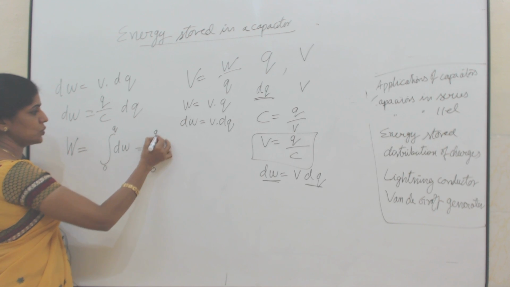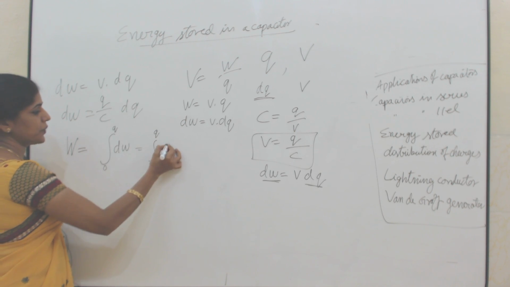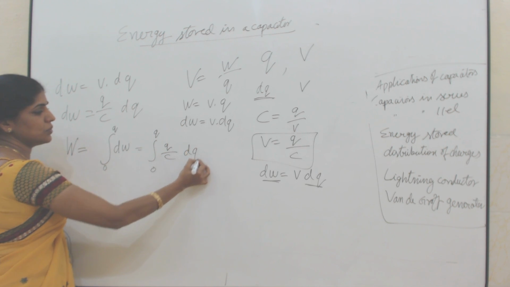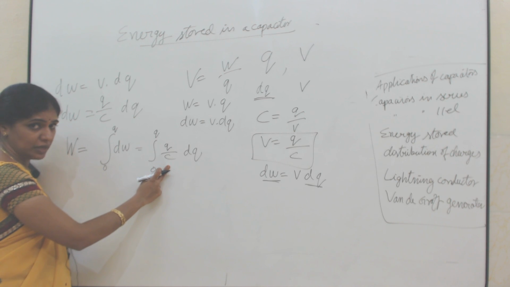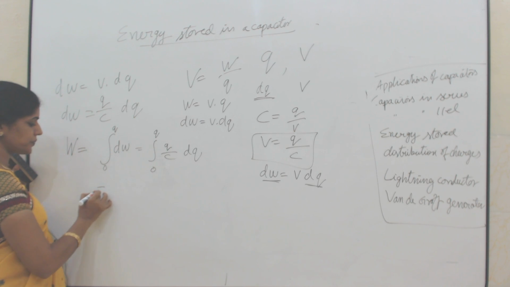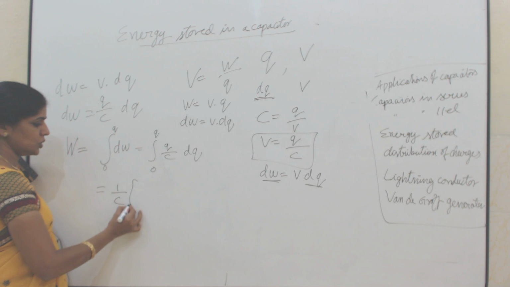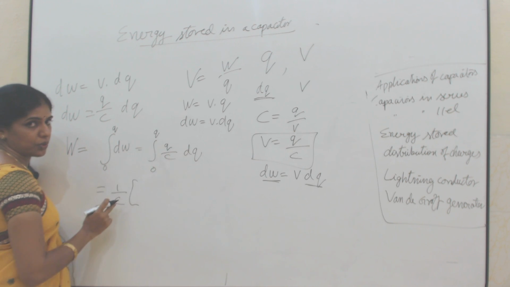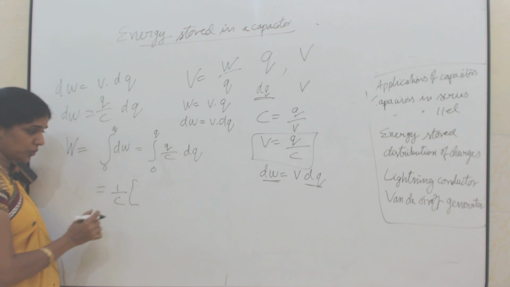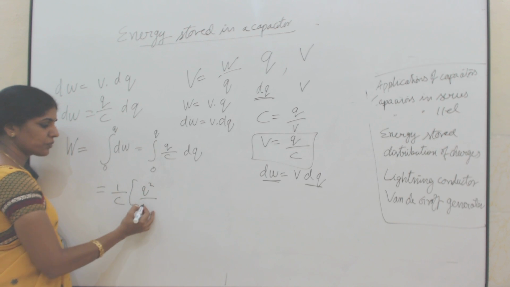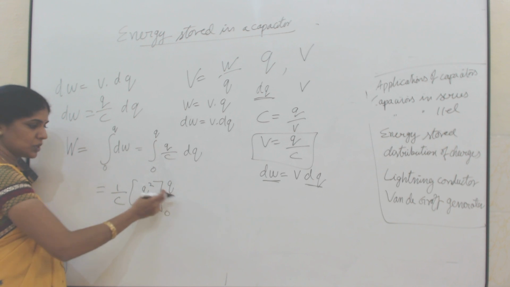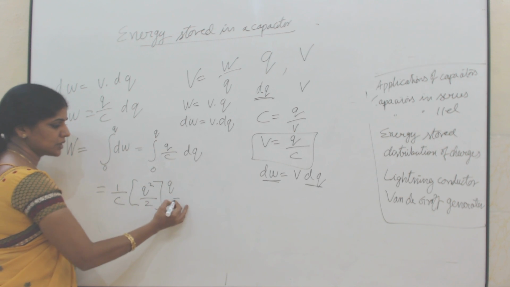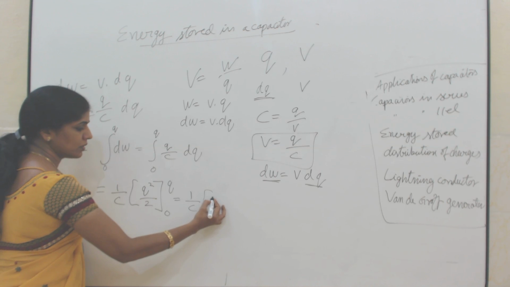So, just substitute what dW is. It is given by Q by C dQ. Now, C is constant. This is nothing but the capacitance of the capacitor. Take it out: 1 by C, integrate Q dQ. What happens if I integrate Q dQ? It becomes Q square by 2 between the limits 0 to Q. Upper limit minus lower limit: Q square minus 0.